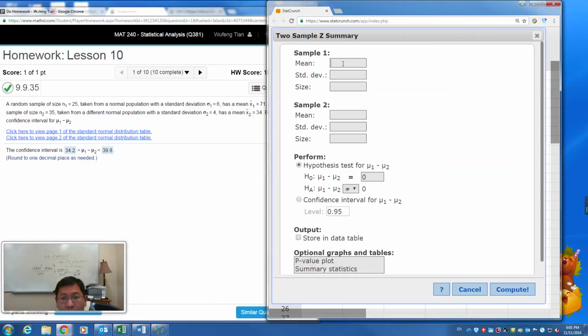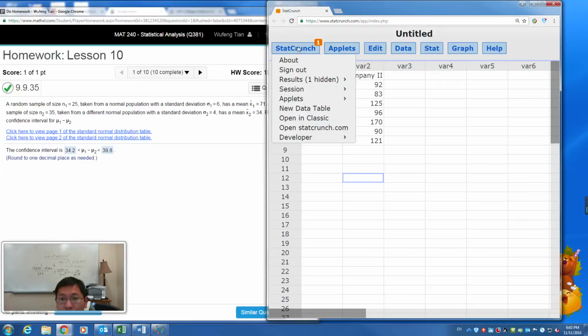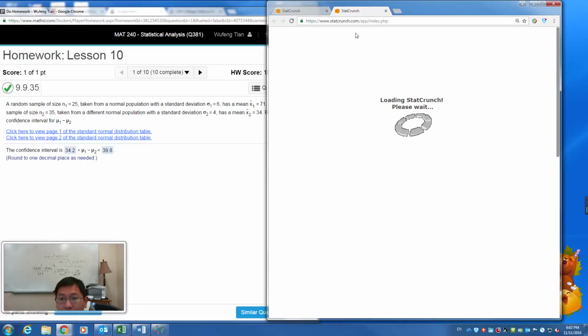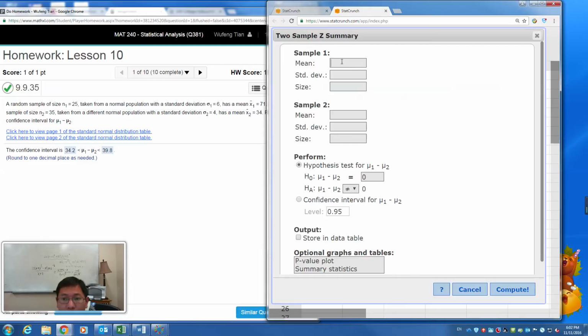So what do we do? We can type in two sample z. I'm going to do a brand new one so you don't get confused. New data table, then Stat, Z, two sample with summary. The mean value for the first one is 71, standard deviation 6, sample size 25.